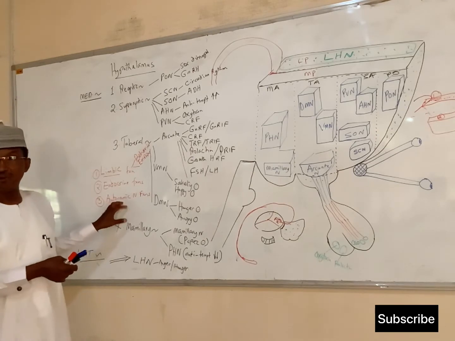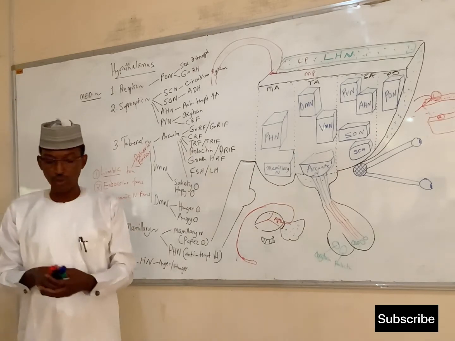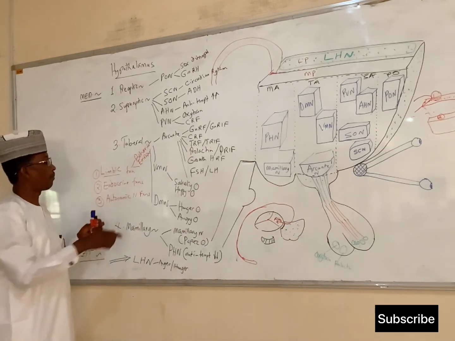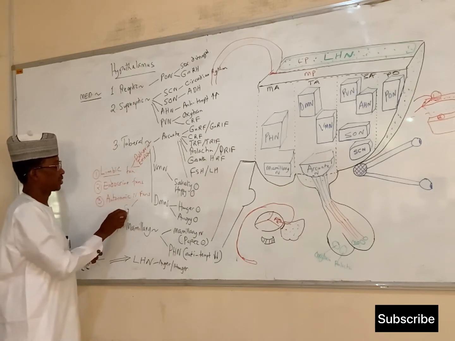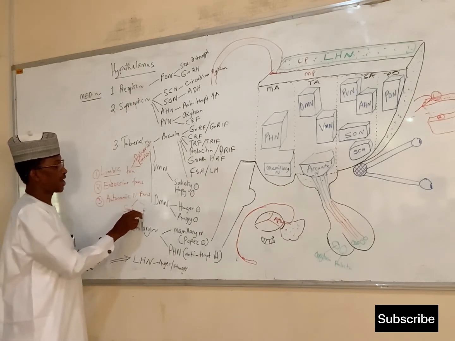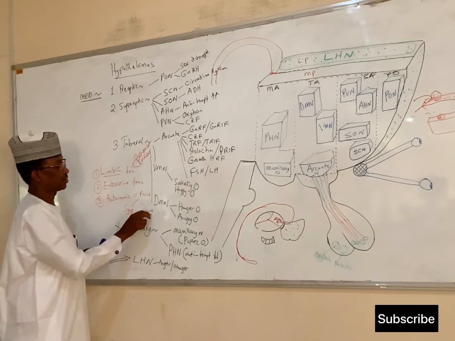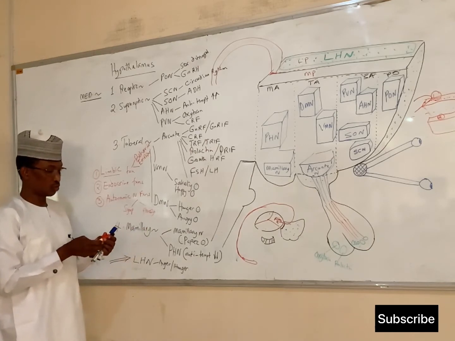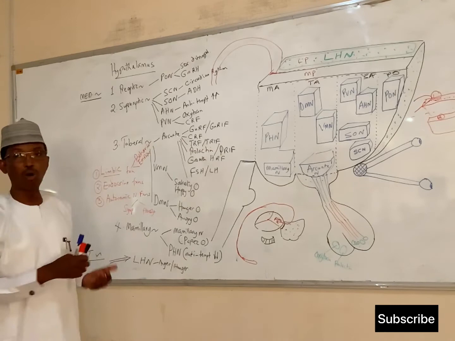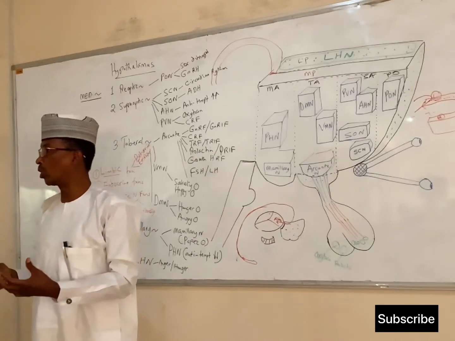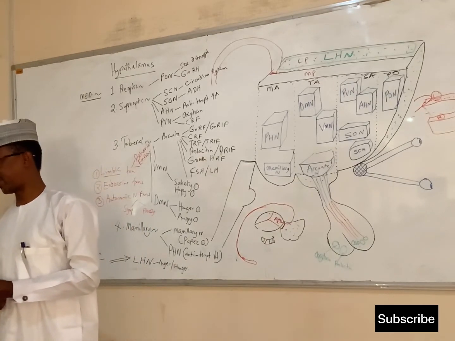So the autonomic nervous function is to do with sympathetic and parasympathetic response. This one is something to do with our own involuntary control of our body system.